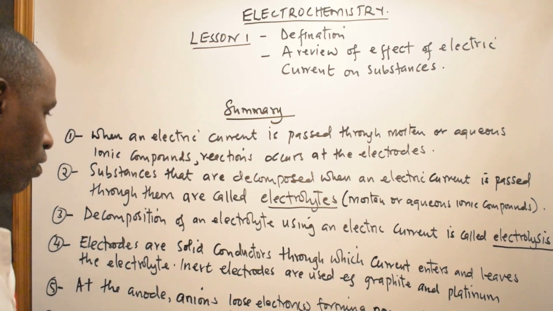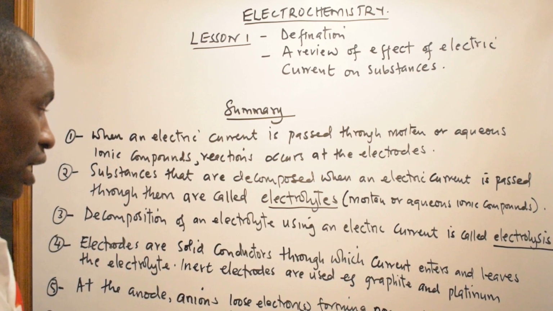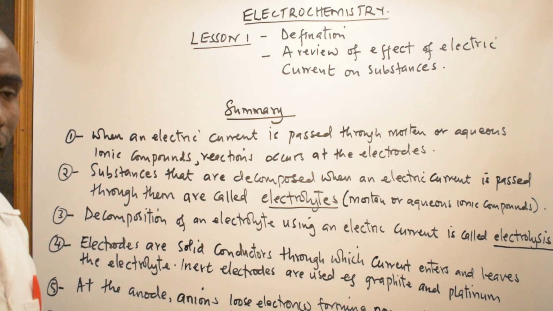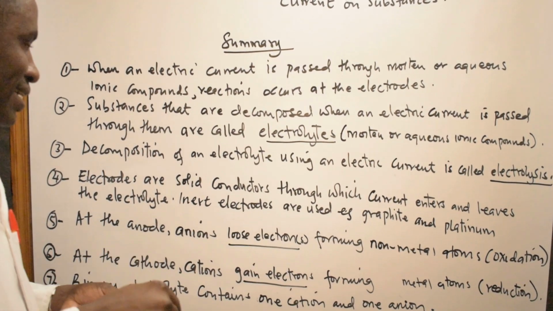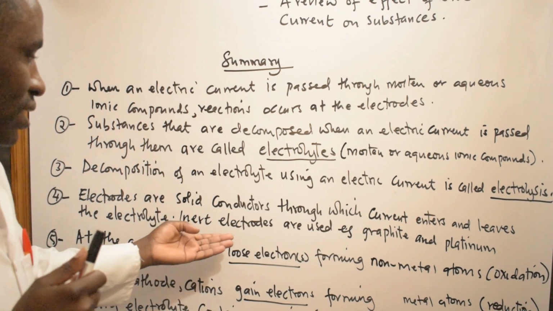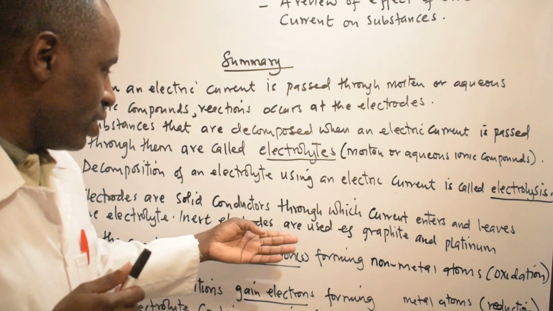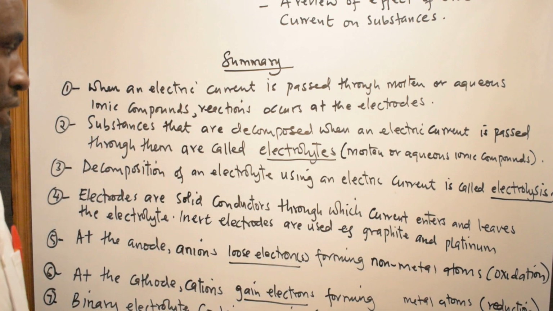Now point number 4, definition of electrodes. Electrodes are solid conductors through which electric current enters and leaves the electrolytes. Now, inert electrodes will be used in this particular case. We have graphite and platinum.